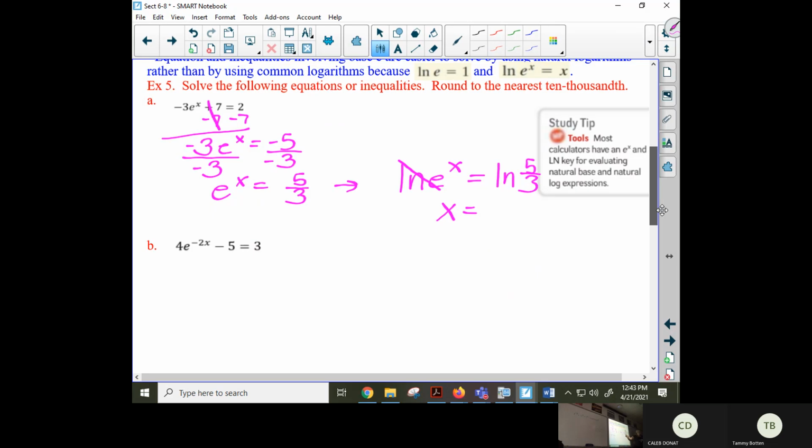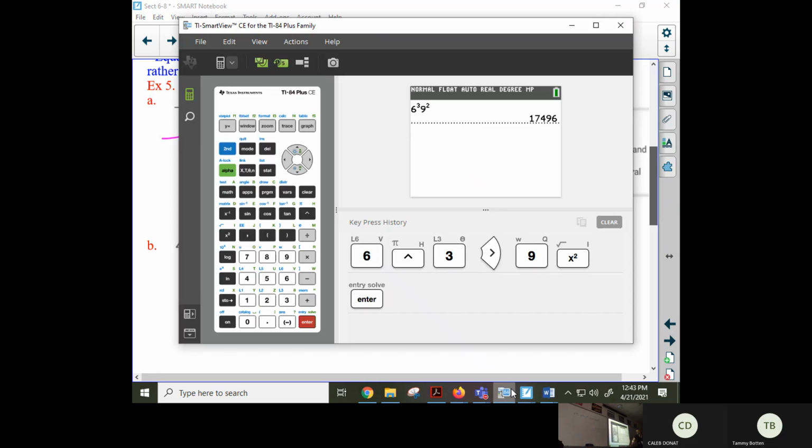Can I type this into my calculator? I can. So let's look at your calculators. We have a natural log right here. It's below the log. And we can evaluate natural log. It already gives us a parenthesis. And didn't we have 5 over 3?